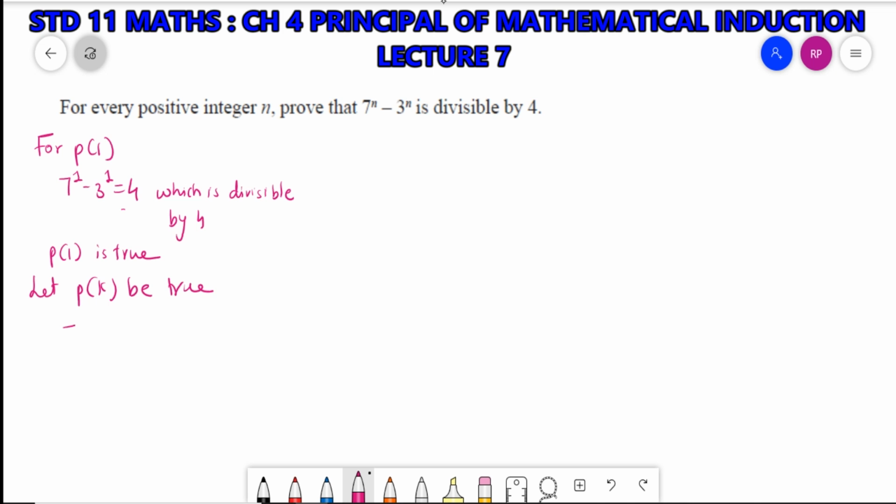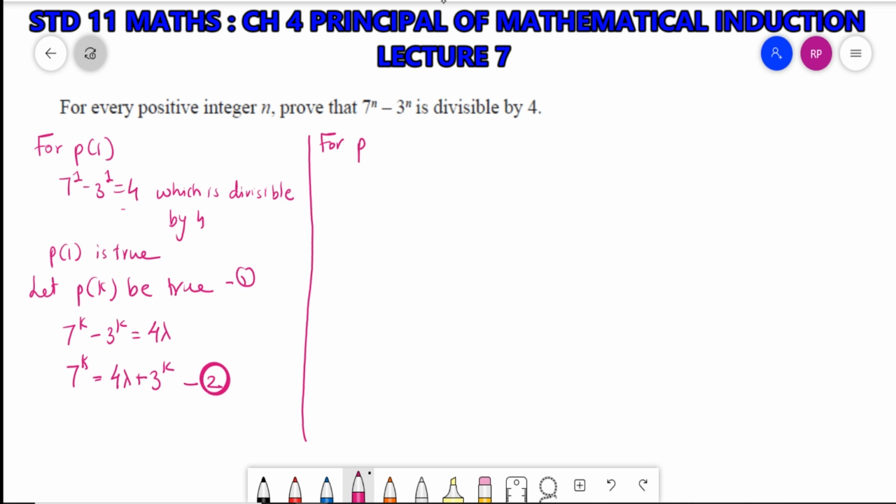I will write it down: 7 raised to k minus 3 raised to k will be equal to 4 lambda. So that means 7 raised to k is equal to 4 lambda plus 3 raised to k. Number 2, this as number 1. So we will be using equation 2 for proving P of k plus 1.